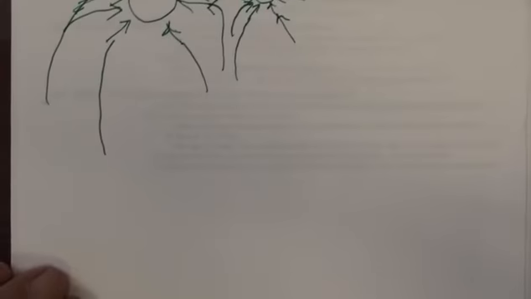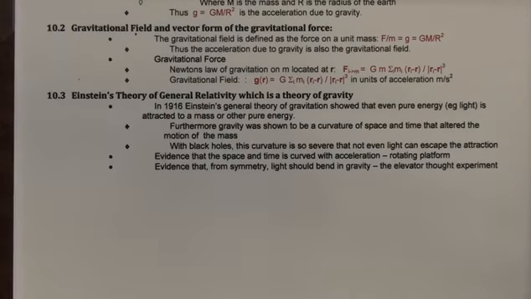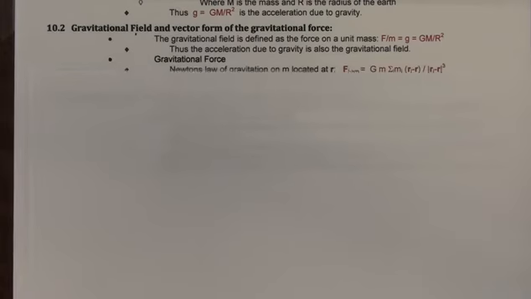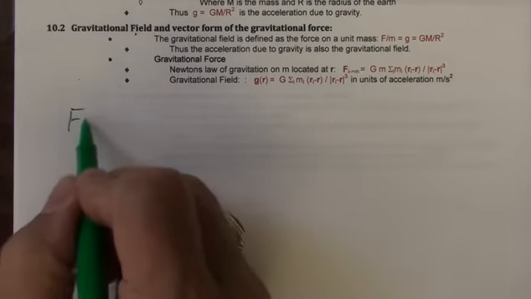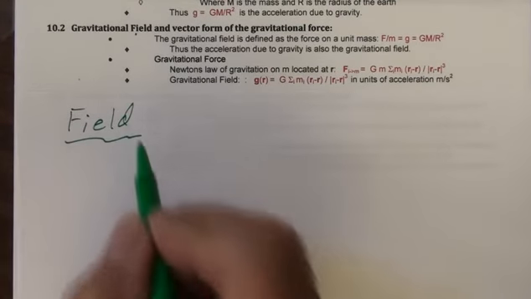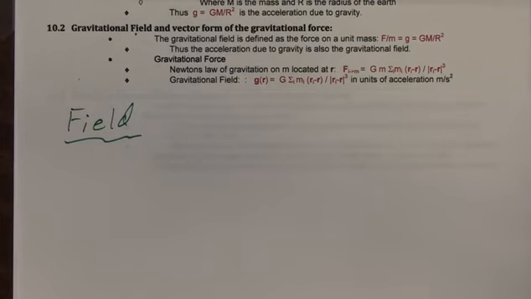Now I want to talk just a little bit more here about what we mean by a field, because we're going to be encountering a field over and over again as we talk about the electric field and the magnetic field. So let's say, what do we mean by a field? This is more of a philosophical kind of concept. And this is how it originated.